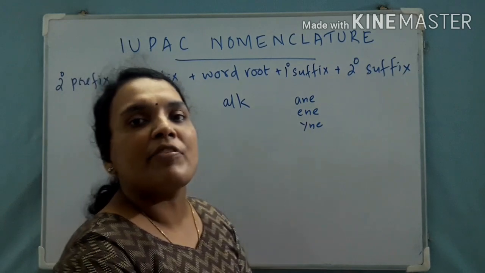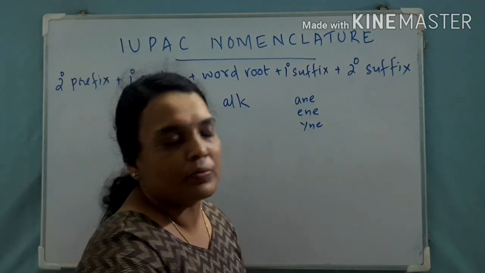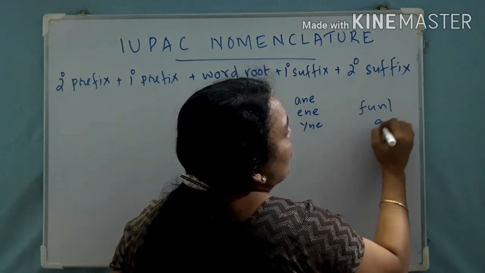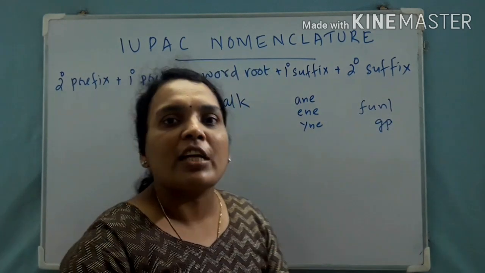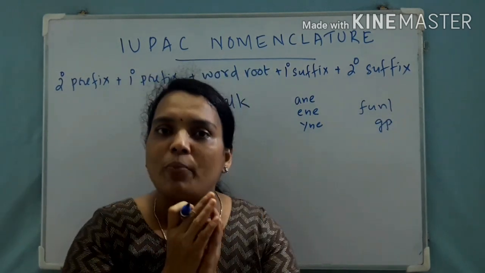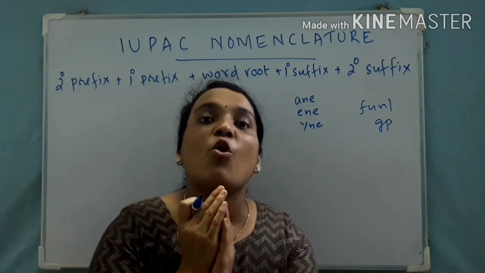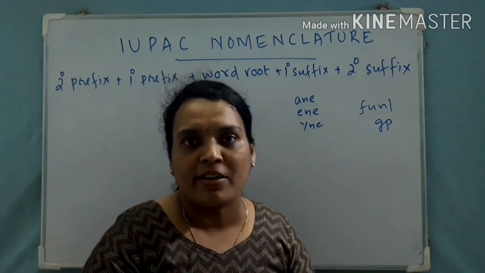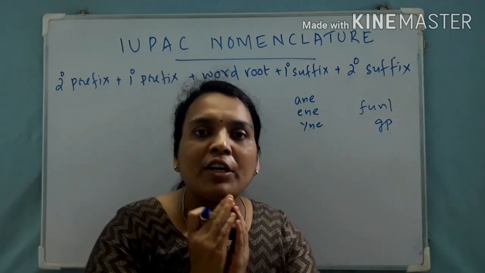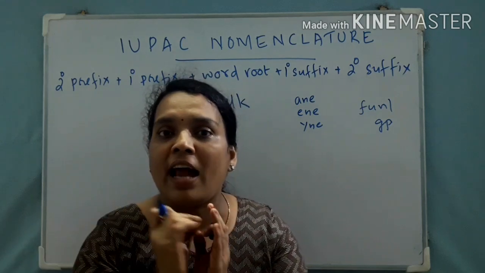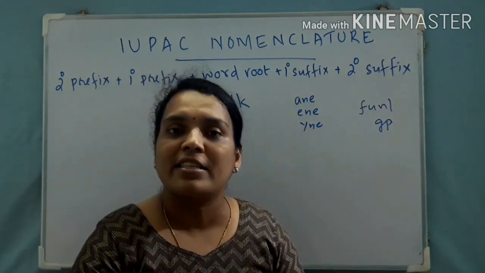And secondary suffix indicates the functional group. Suppose an OH group is present, that is the alcoholic group. We can call it as ol as secondary suffix. If an aldehyde group is present, we can call it as al as secondary suffix.